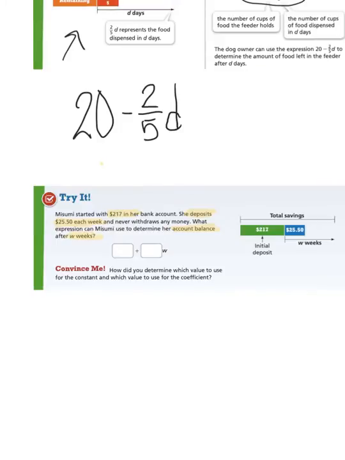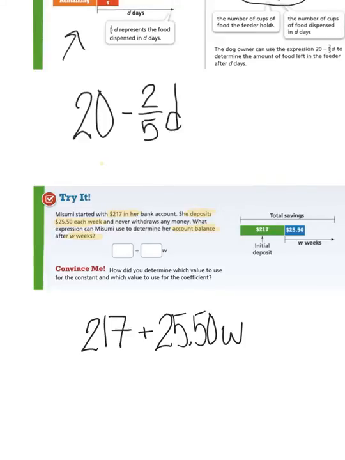All right, so when we look at this, again, we have $217 that she puts into her account at the bank. Then we know she deposits, so she adds to her original account $25.50 each week.